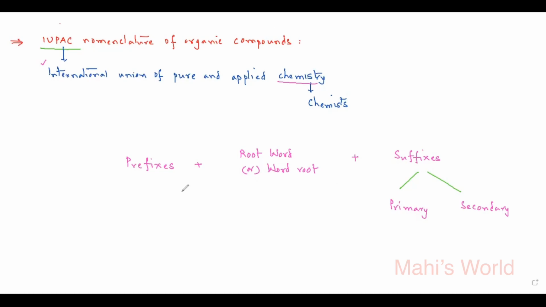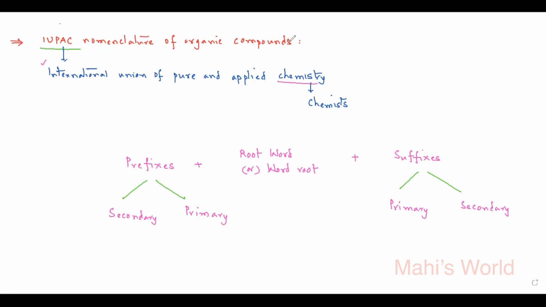Just like the suffixes are of two types, even in the prefixes we have two varieties. The first one is, of course, primary, which is written well before the root word, and this is secondary.